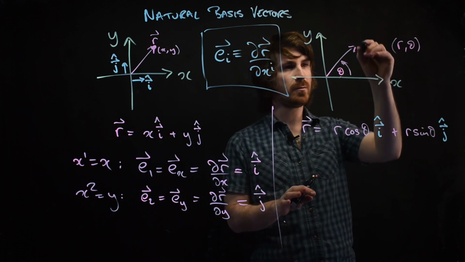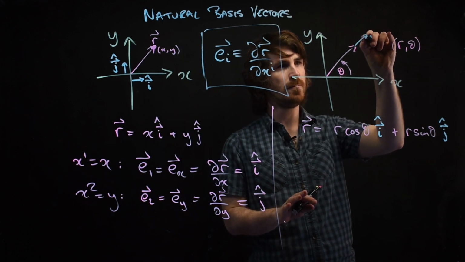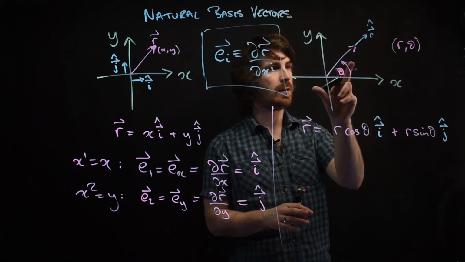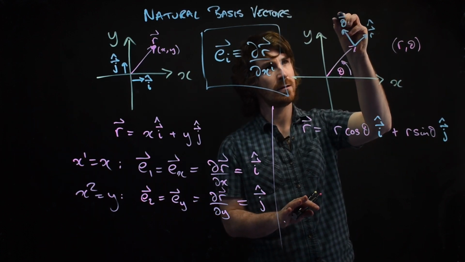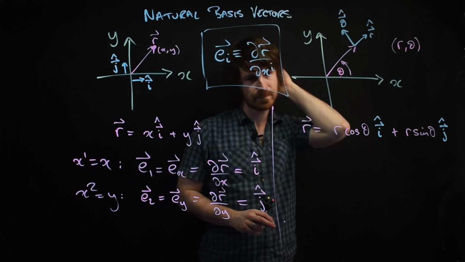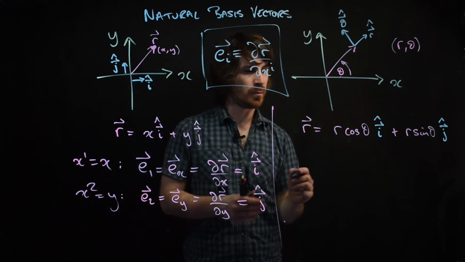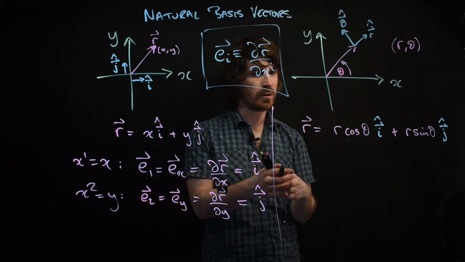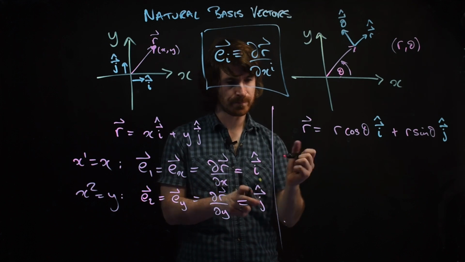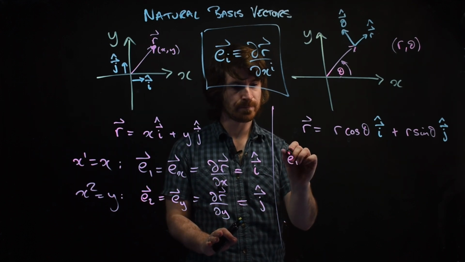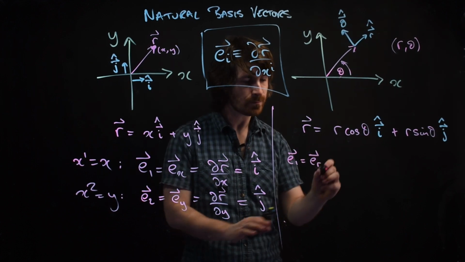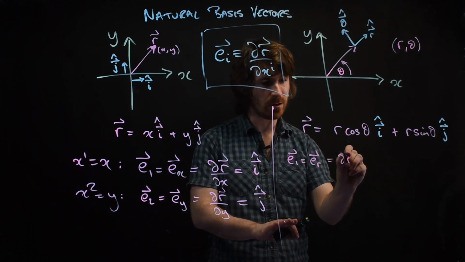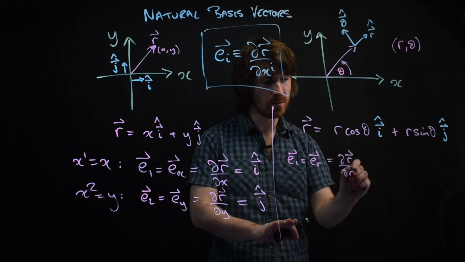Now we can think about a unit vector r hat in the r direction and a unit vector theta hat in the theta direction at this point. So let's think about what our natural basis vectors are. Our E1, which in this case is E_r, is dr by d scalar r.